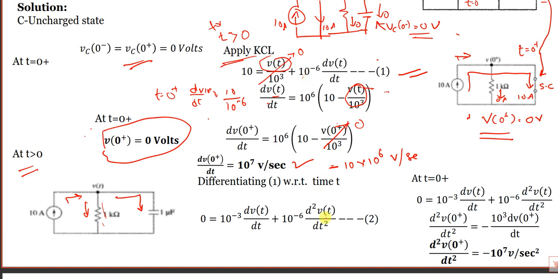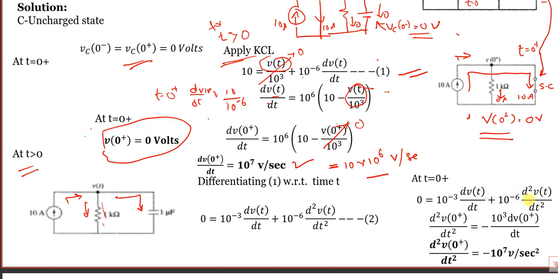And 10 power minus 6 d square V by dt square. Again, put t equal to 0 plus. At t equal to 0 plus, this is 0, and 10 power minus 3 dV by dt at 0 plus. The dV by dt at 0 plus value is this value, you substitute that here.